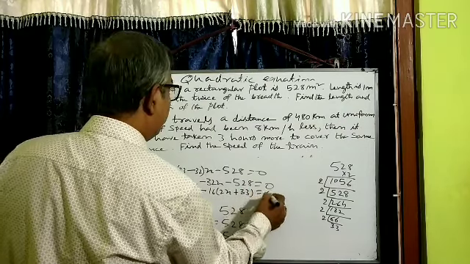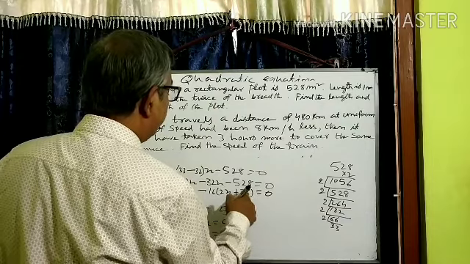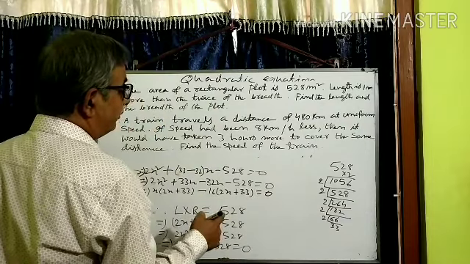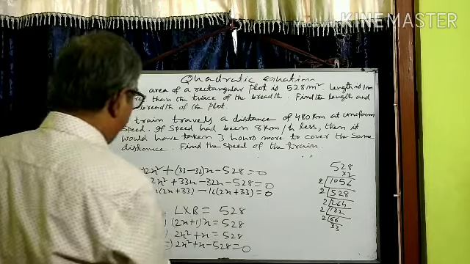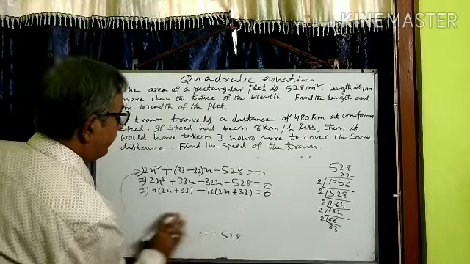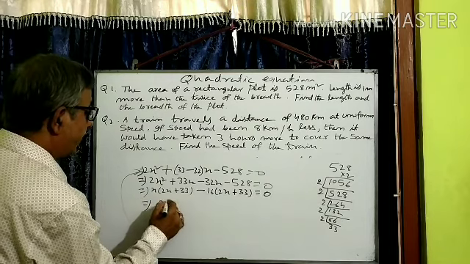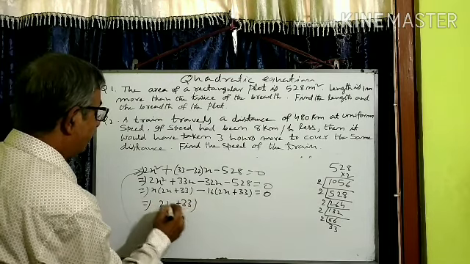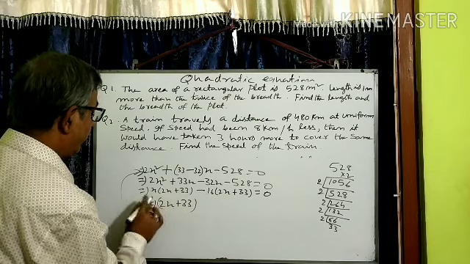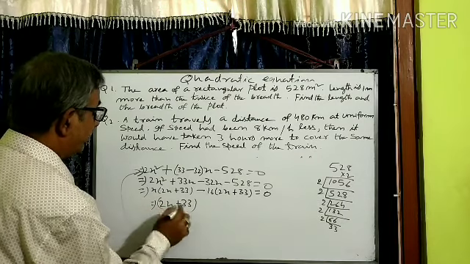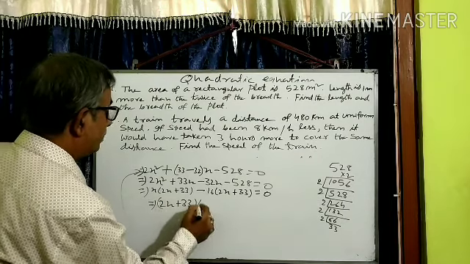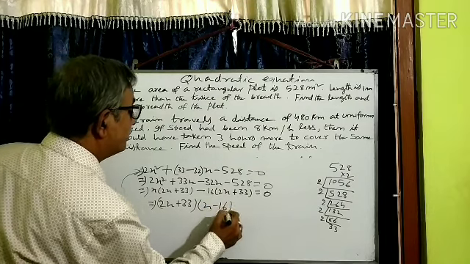After that you see, either you will get (2x plus 33) into (x minus 16) is equal to 0.